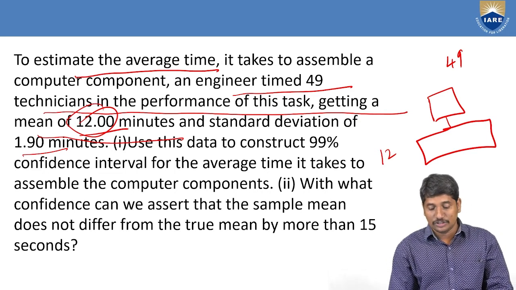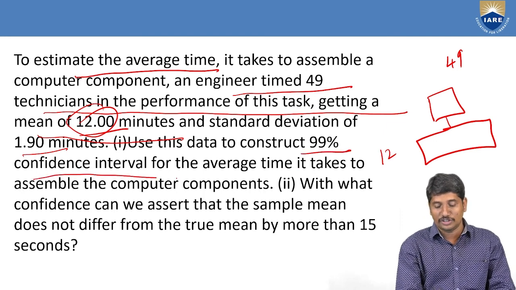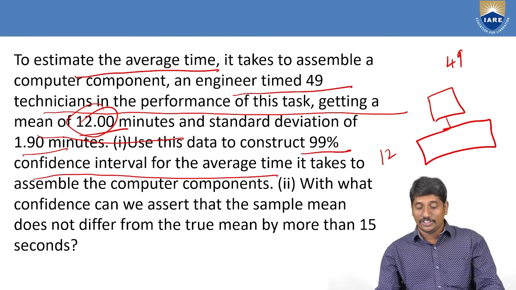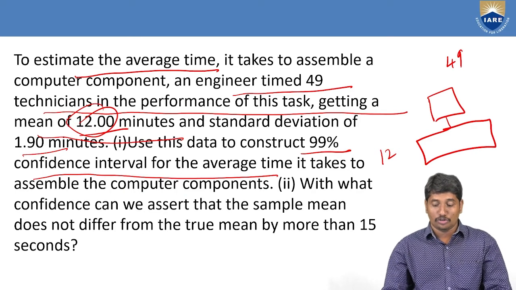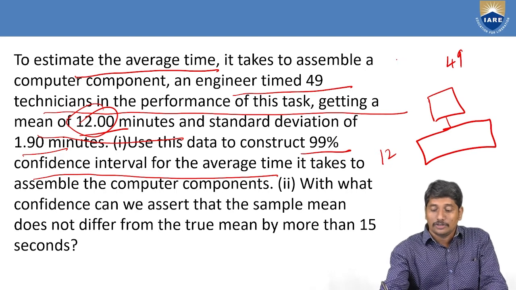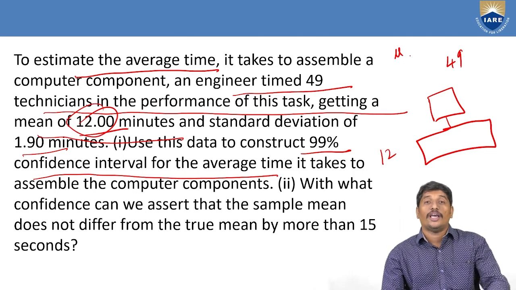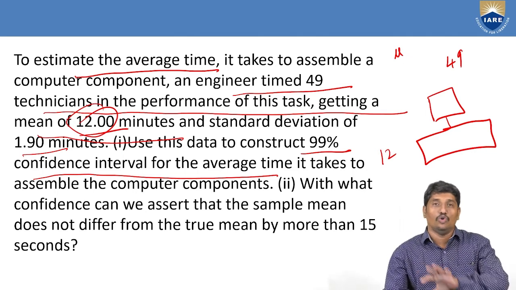Under this question you are asked to construct a 99% confidence interval for the average time it takes to assemble the components. So now you have to estimate, there are thousands of employees out there. So what is the average time taken by the employees to assemble the computers in the whole factory?